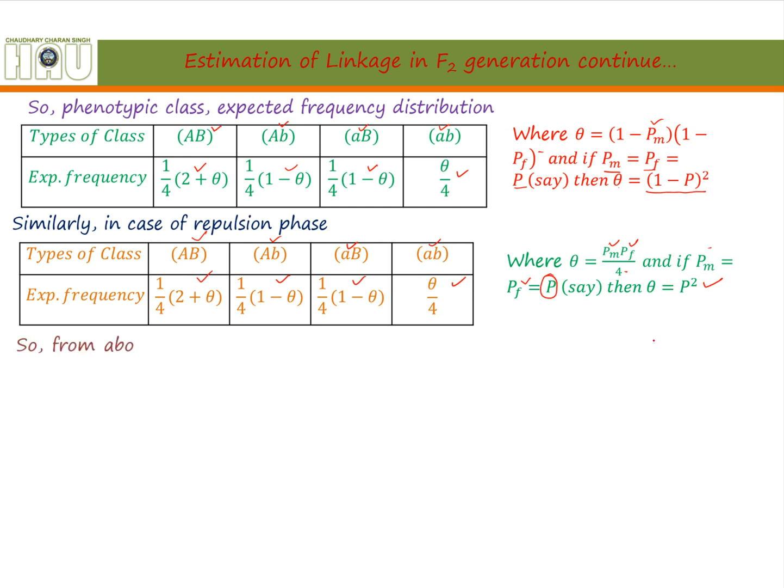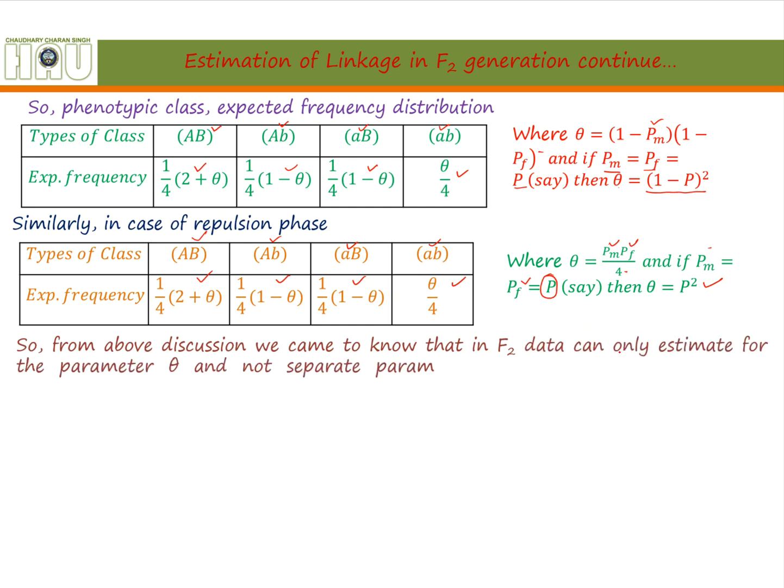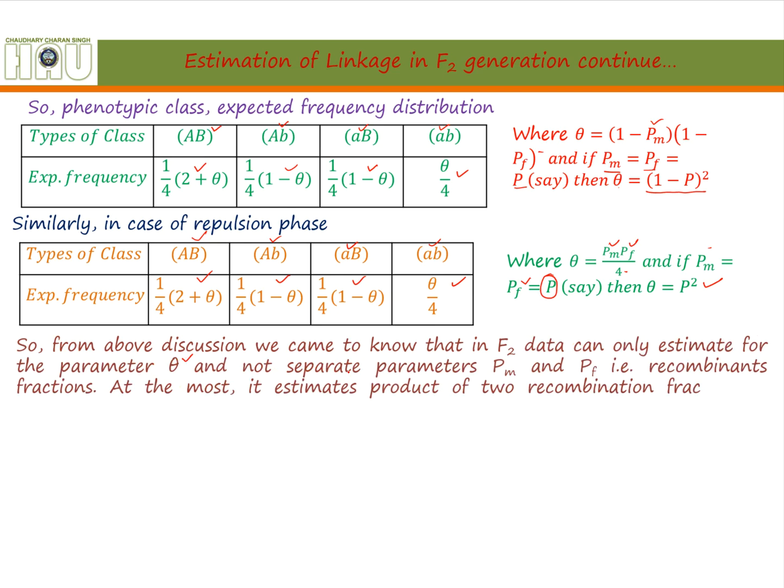So from the above discussion, we came to know that in F2 data we can only estimate the parameter theta, and not the separate parameters PM and PF, which means recombinant fractions.